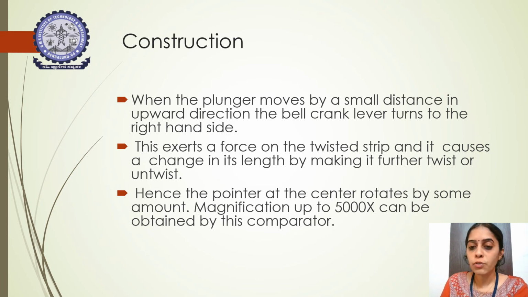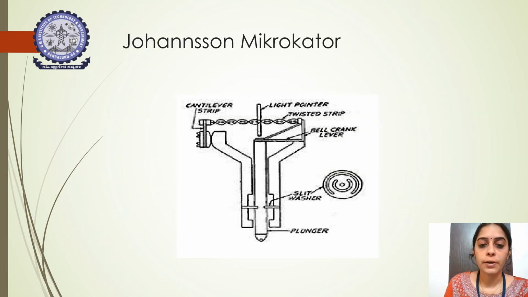Due to this force, what happens? It causes a change in the length by making it further twist or untwist. Depending upon the situation, it could either twist or untwist. Hence the pointer at the center rotates by some amount. And here magnification up to 5000x can be obtained by this comparator.